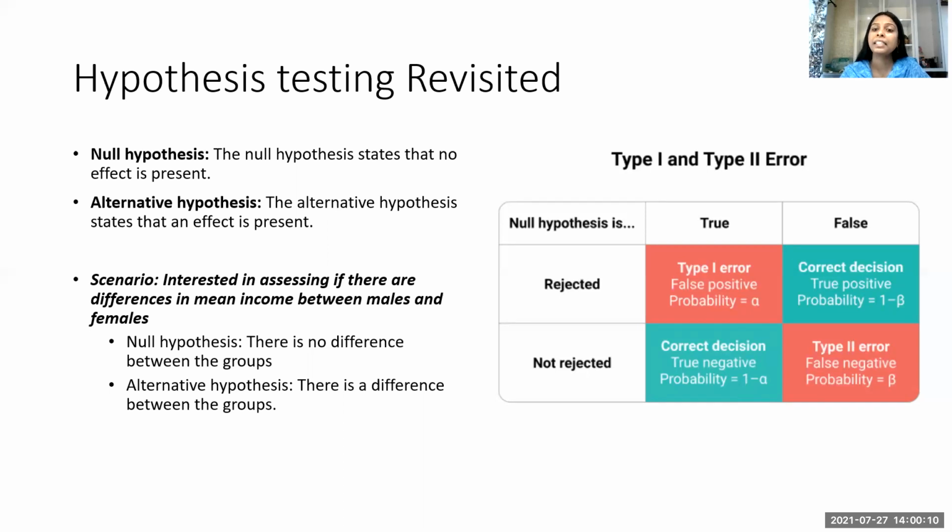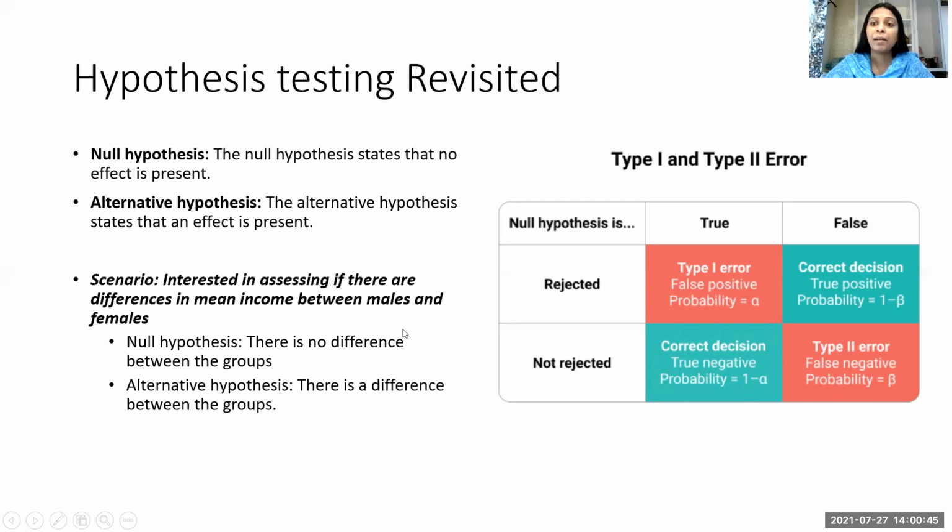But while testing, if the sample that we're testing proves that the null hypothesis is true, that there is no difference between these groups, then we are performing the type 2 error. Here, the null hypothesis is false, meaning there is a difference between the groups' mean income between male and female.